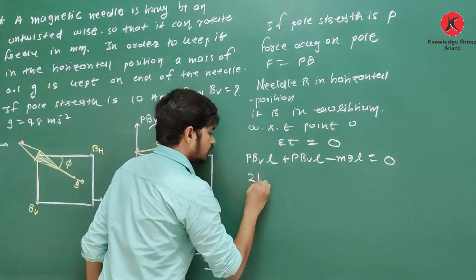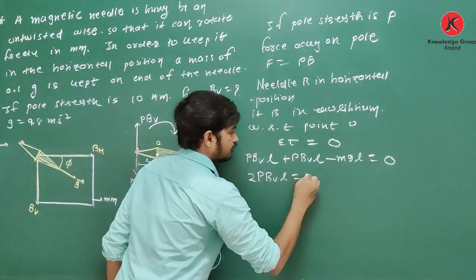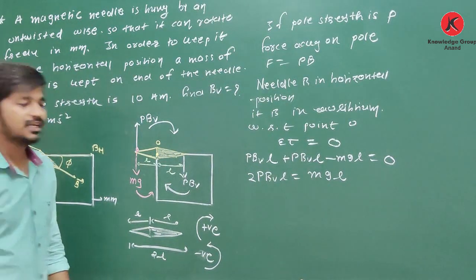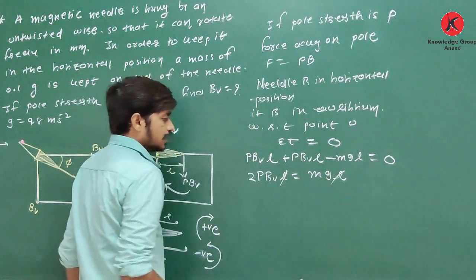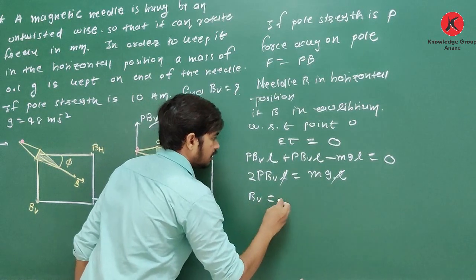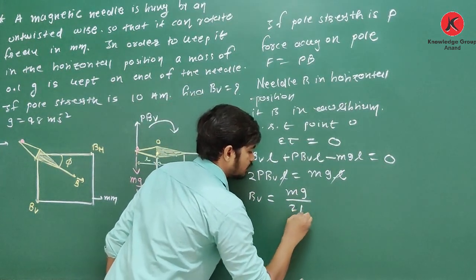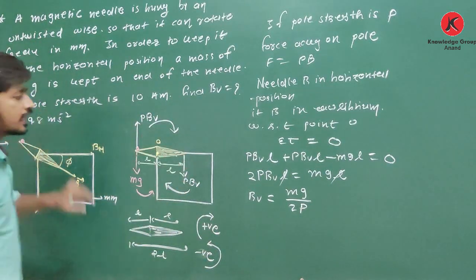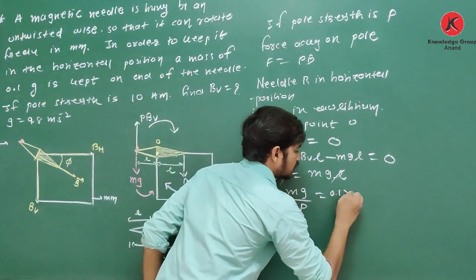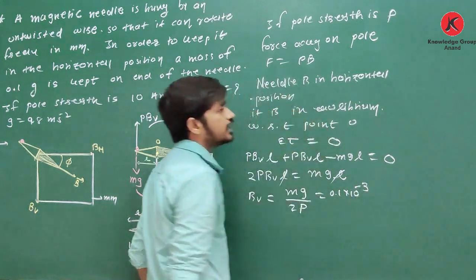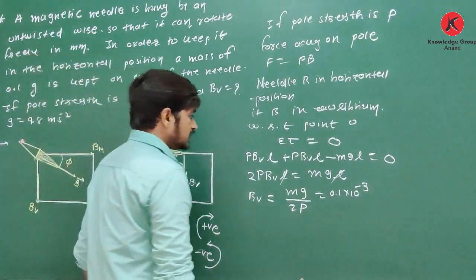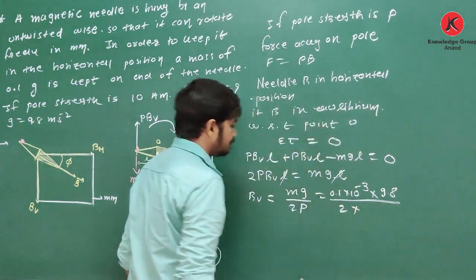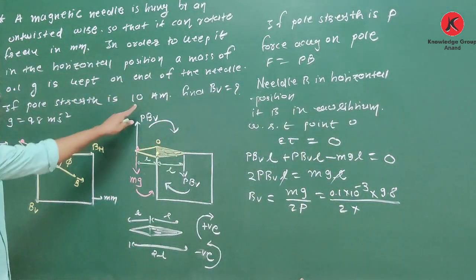Now, 2PBvL is equal to mgL. L cancels. If you make Bv the subject, then Bv is equal to mg upon 2P. The mass is 0.1 gram, so it is 0.1 into 10 raised to minus 3 kg; you have to convert to kilogram. g is 9.8, divided by 2P, where P is 10 ampere meter.